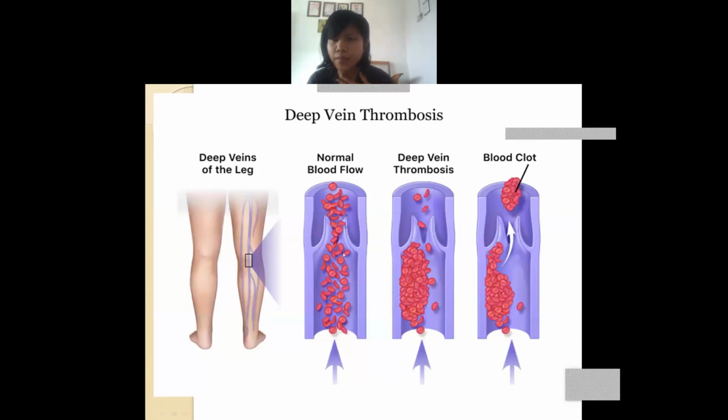So this is the picture of the normal blood flow. It usually flows upwards, that is towards your heart. And in deep vein thrombosis, what happens because of the weak or damaged veins?